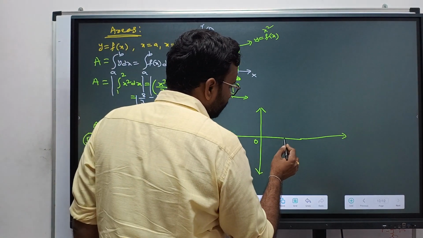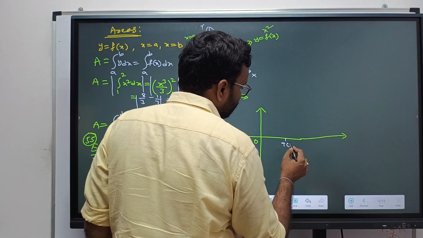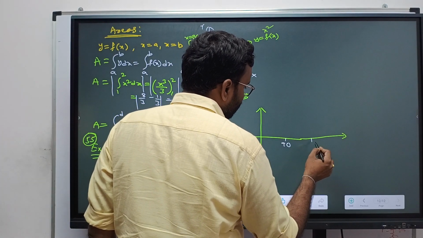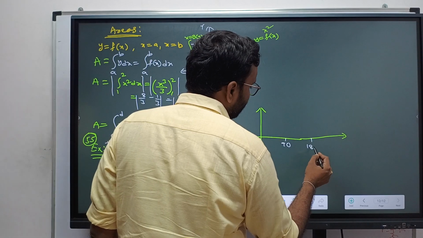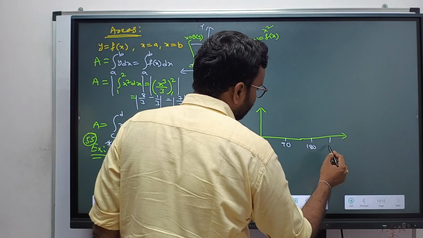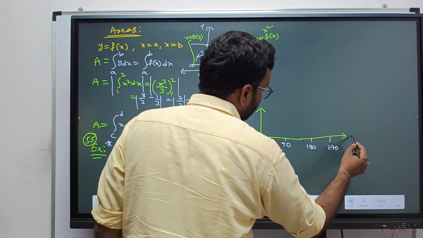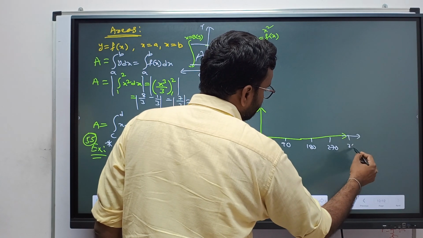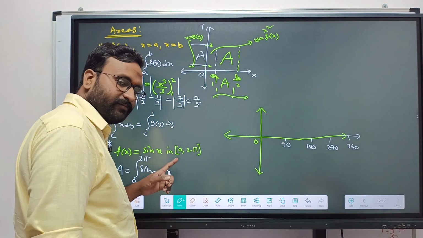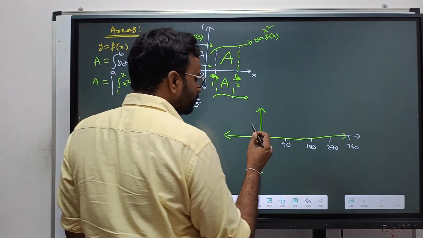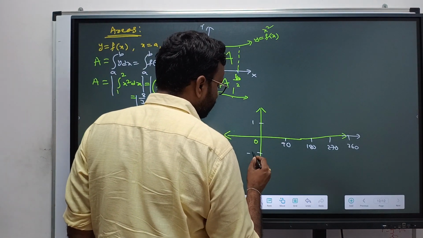See, 0, take somewhere 90, after 90 is 180, then 270, and 360. We require up to 360 here. Now if you observe, this is 1, this is minus 1.